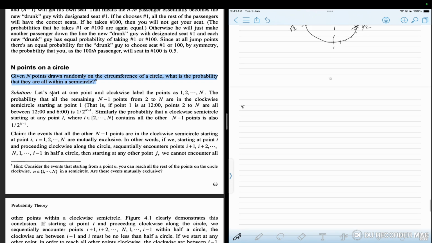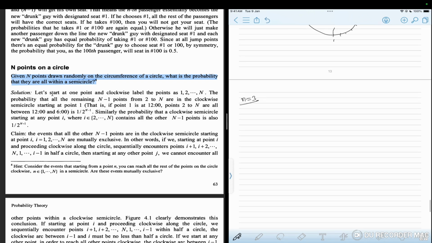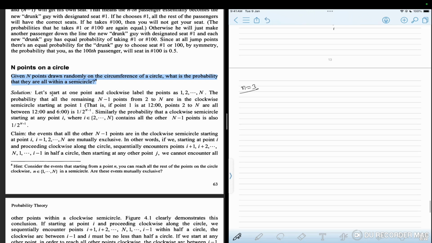Now let's consider the case n is equal to 3. This is an important case from which we will derive the solution for a general n points case. So when n is equal to 3, let's choose my first point P1 as here. Now P2 has two options.